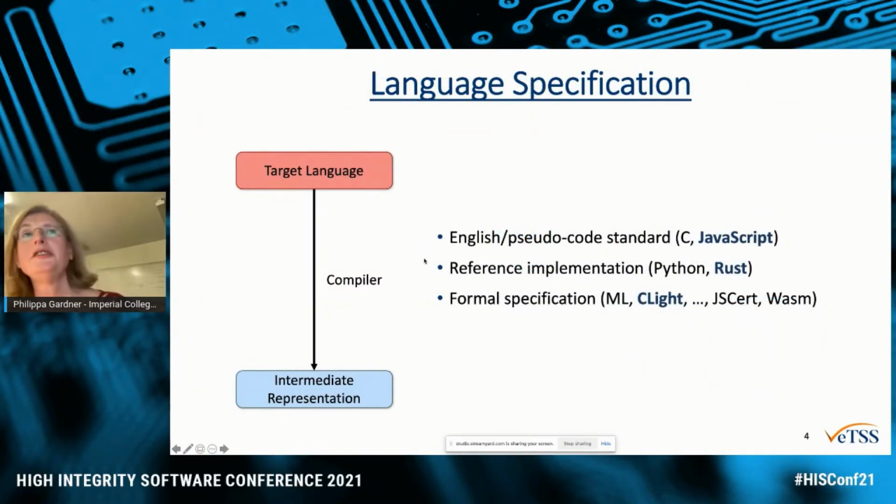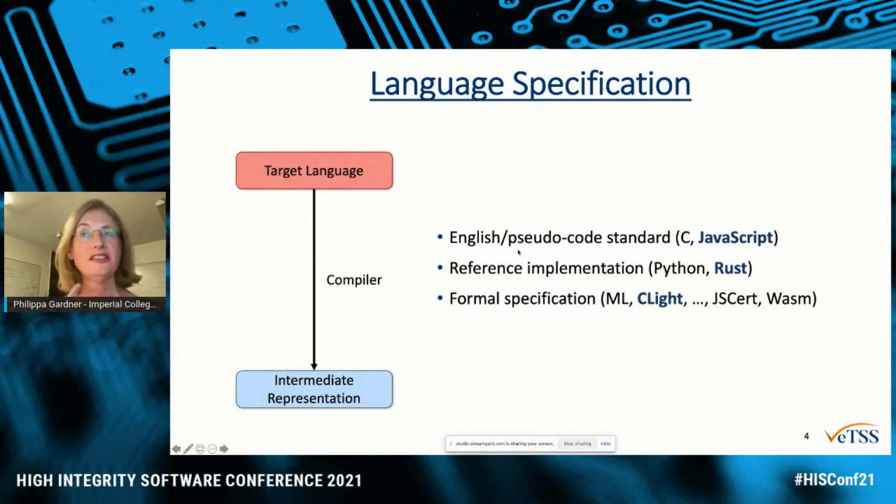Now, if we're going to do specification in a target language, and their analysis at this intermediate representation, we need to know what we're talking about. So actually, we need a definition of the language. And there's very many possibilities.